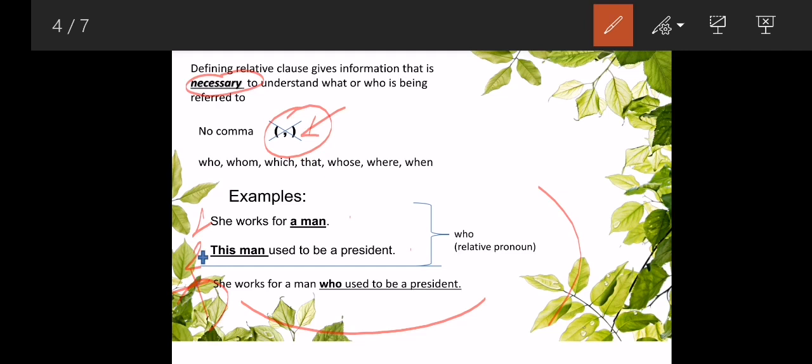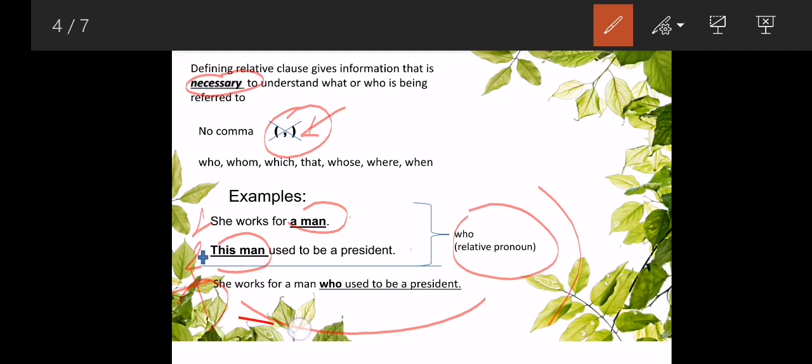So, first of all, we should decide which relative pronoun we will use. We will use the relative pronoun who. Why should we use who? Because of the words. Notice this word, man. We use who for people, so man is a person, right?